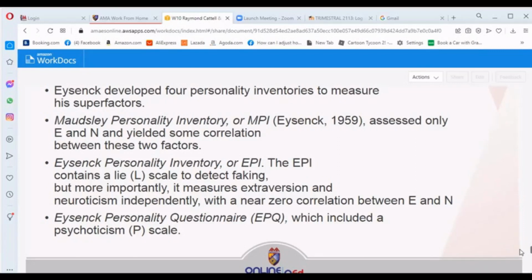Another inventory is the Eysenck Personality Inventory, or EPI. The EPI contains a lie scale to detect faking, but more importantly, it measures extraversion and neuroticism independently, with near zero correlation between E and N. The Eysenck Personality Questionnaire, or EPQ, included a psychoticism scale.